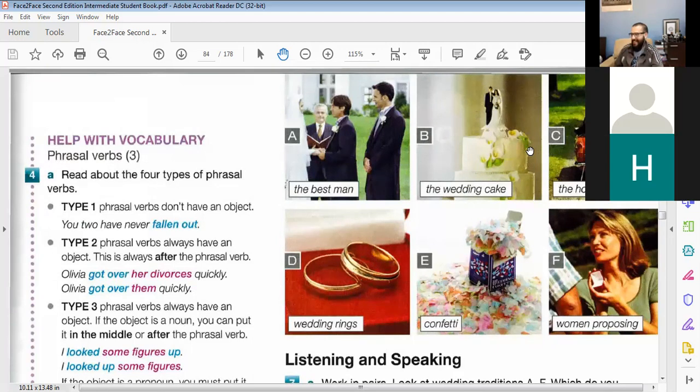Yeah, I think F, women proposing. Do we have maybe this? Next generation. No, we didn't. We don't have this. I thought we did. No, maybe next generation, yes. But do you think some Libyan women are open to the idea, or do you think this is something still too strange?